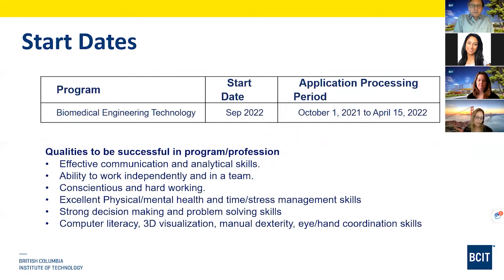So this September's intake is full and closed. We'll begin gathering applications October 1st, 2021 for the September 2022 intake. Applications will remain open until April 15th. So we'll be gathering applications during that period. And then after April 15th, both admissions and the program area will review the applications.